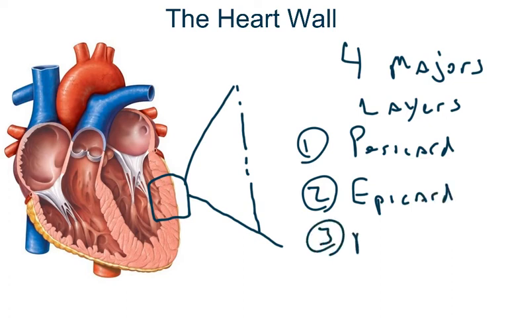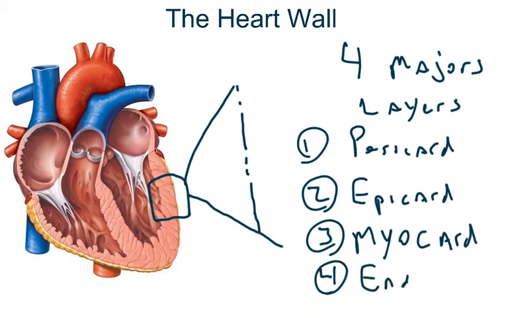The third is the myocardium. And the fourth is the endocardium. Write these down. And we're going to cover each of these in our illustration of our heart wall.